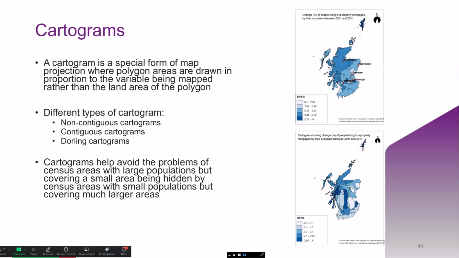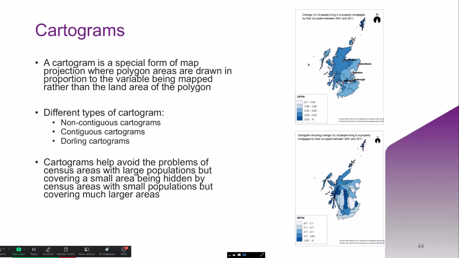We distort them. So a small polygon that has a high value attached to it could become a lot larger, whereas a large census area, which has a low census value attached to it, could shrink.